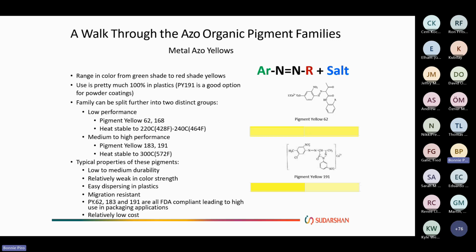So typical properties of these are, as I mentioned, a difference in terms of their heat stability. So processing temperature and polymer choice have to be considered when selecting either one of these pigments. They are relatively low in cost, and the Pigment Yellow 191 does bring with it an FDA compliancy, so that's always a helpful thing.